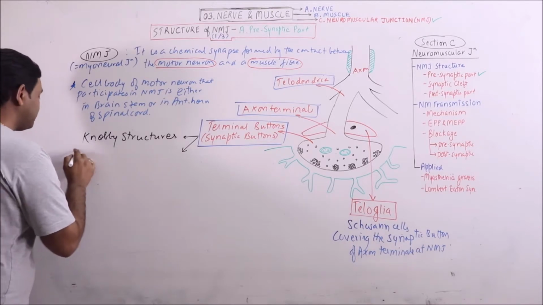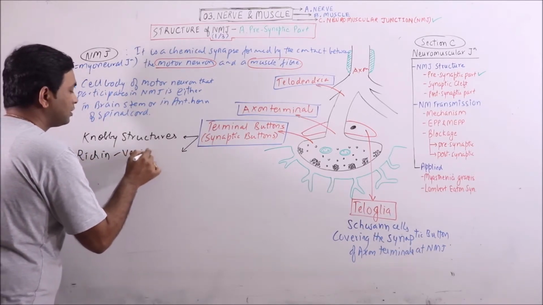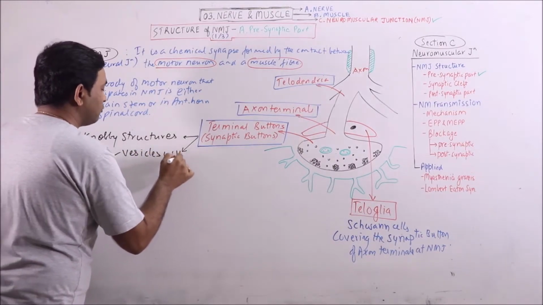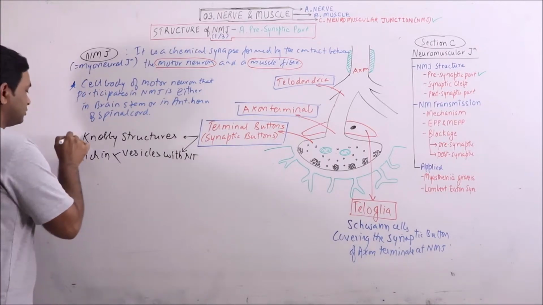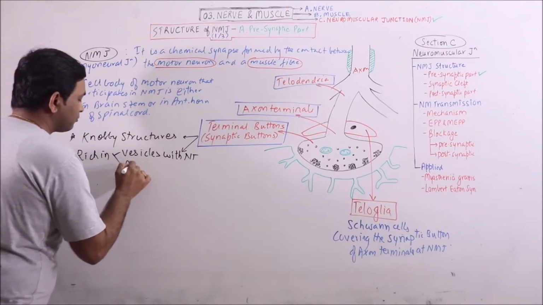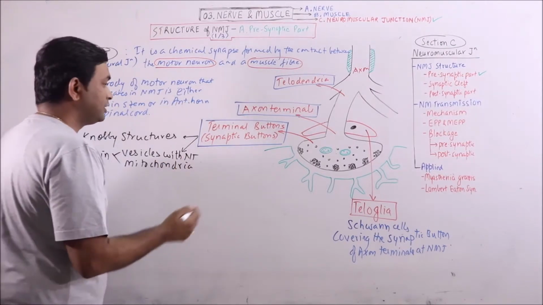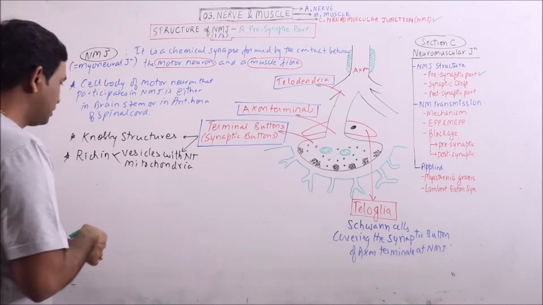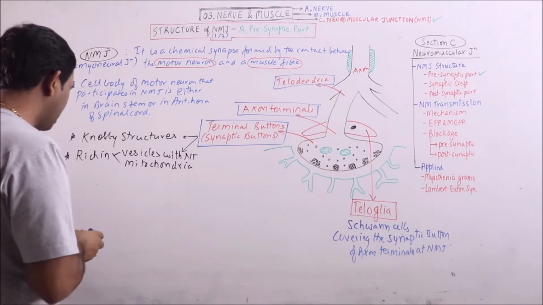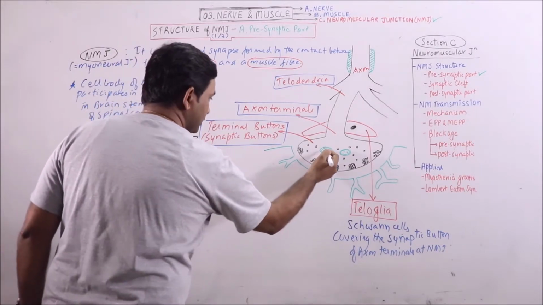These are rich in vesicles with neurotransmitters and mitochondria. If these are rich in mitochondria, that means these are very active in metabolism. Then these are mitochondria.